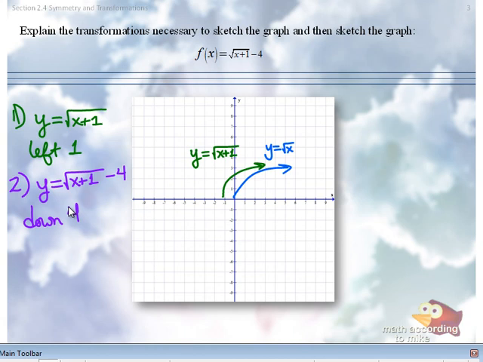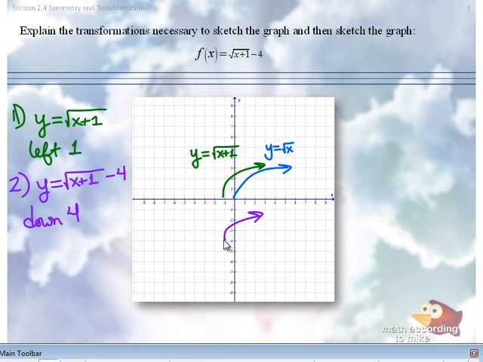So taking the graph in green, we're now going into the graph in blue, taking the graph in green and moving down 4, that's our final answer there. When I'm grading these, I'm looking for shape and position. Did you pick the right function? Is it in the right place? Correct. So basically, I want you to approach this like a cookbook. This is the first step, and now applying the new step to the previous step.